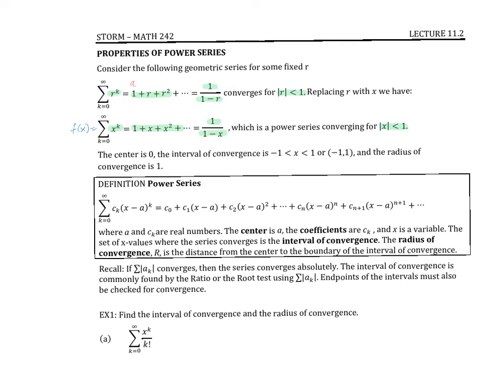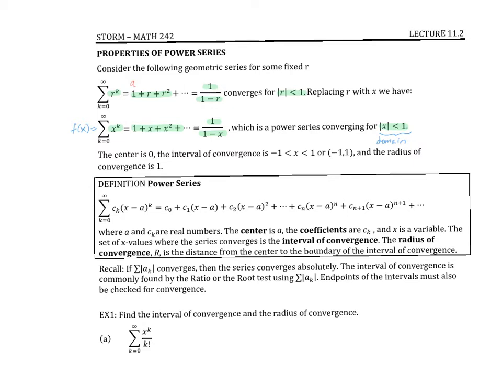So you can think about the absolute value of x being less than 1 as the domain of our function. And that would be the goal for this whole section, which is to come up with a function as a power series and to find the x values so that the series converges.